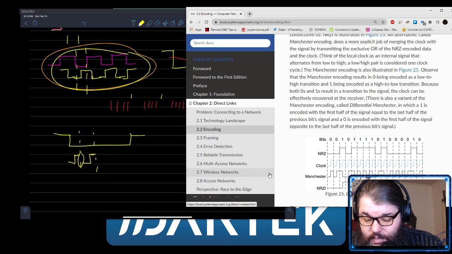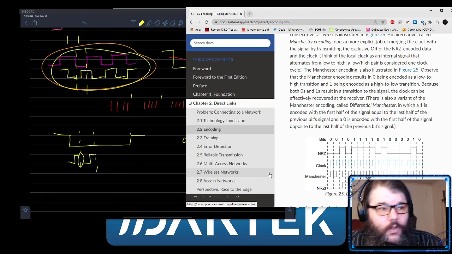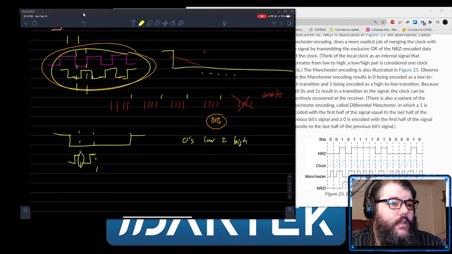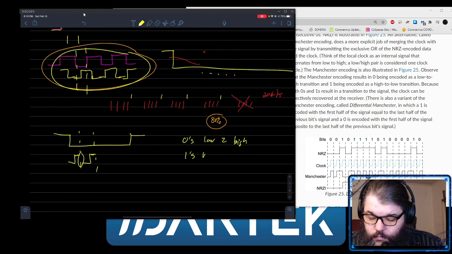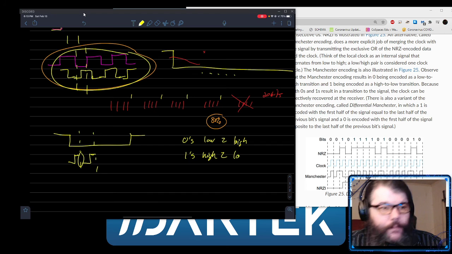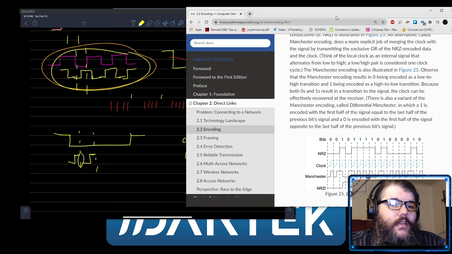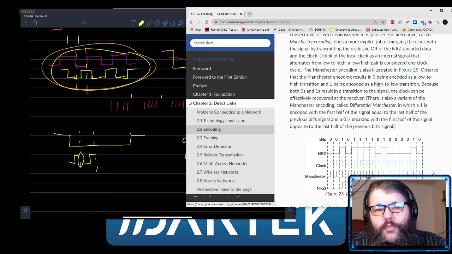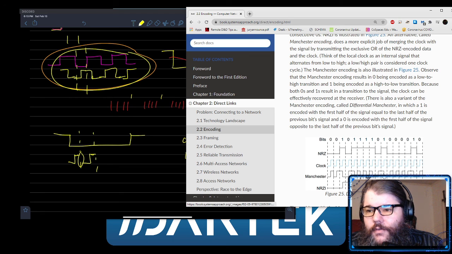Since zeros are encoded as low to high, and ones are encoded as high to low, you're always going to get way more movement here. Now, again, the catch is that you have to do this with the speed of the clock, and so it halves your bit rate. But you've got no more drifting problems if you use this.